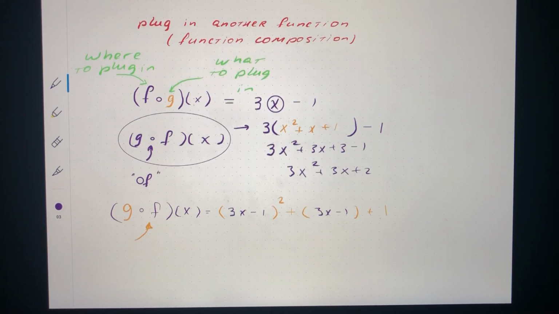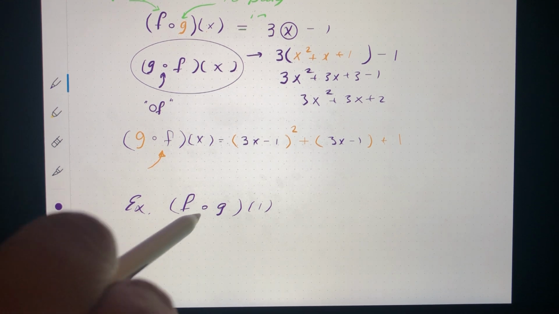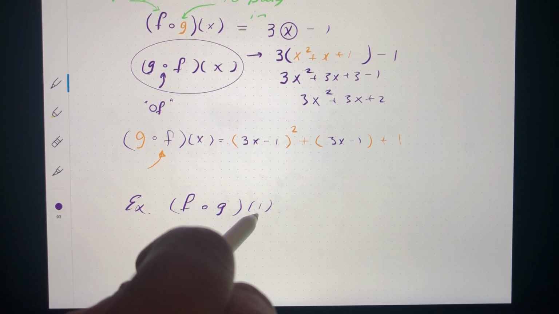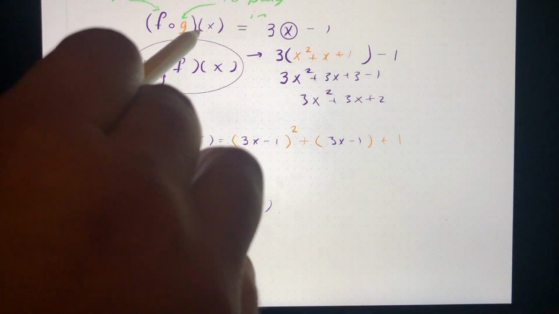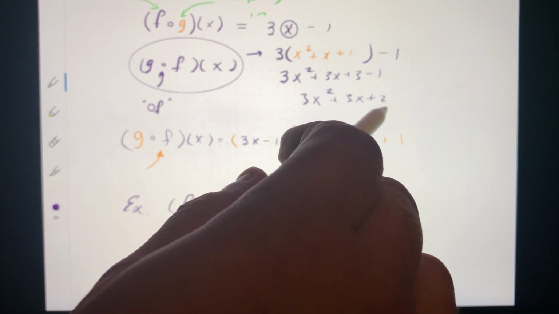But we can also plug in a number inside of f of g, or g of f, either one. So let's say, for example, let's evaluate f of g of 1. That means each time we see x inside of our f of g, we plug in 1. Well, here is f of g of x, and it turns out to be 3x squared plus 3x plus 2.